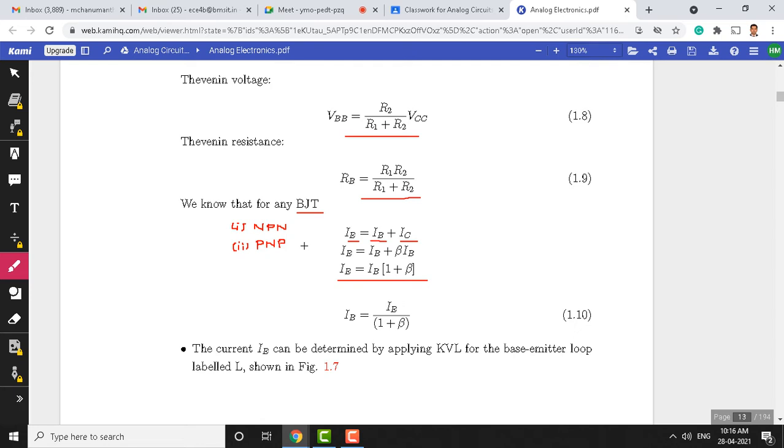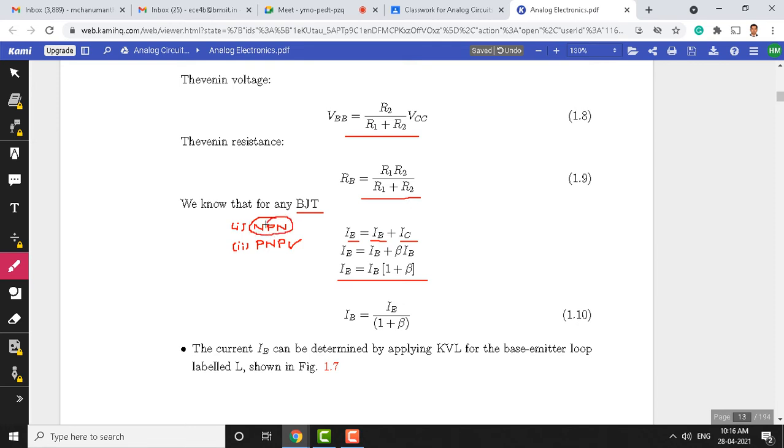Opposite direction. Yes. From the understanding point of view, if any beginner wants to understand BJT, we usually suggest starting with PNP. But when it comes to practical applications, we always prefer NPN.